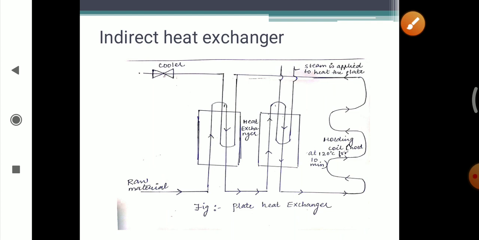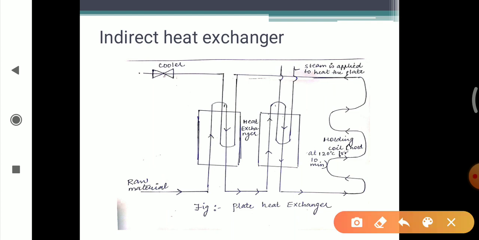The fermentation medium, or our raw material, will be heated by indirect contact with the heat exchanger or heated plate.